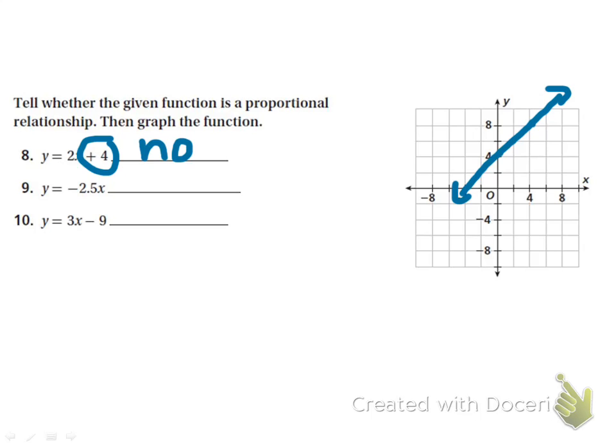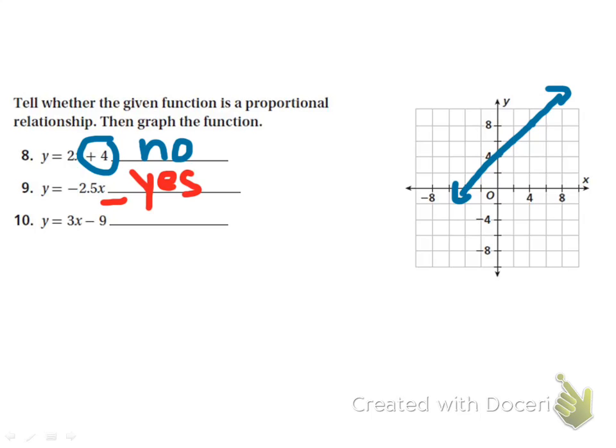Now looking at the next one, I know that it is yes because it doesn't have a plus or anything after the x. If it has anything after that, it will always be a no, not proportional.